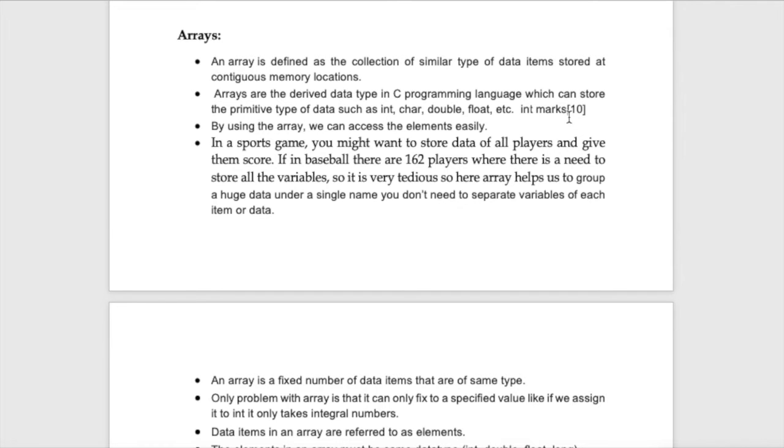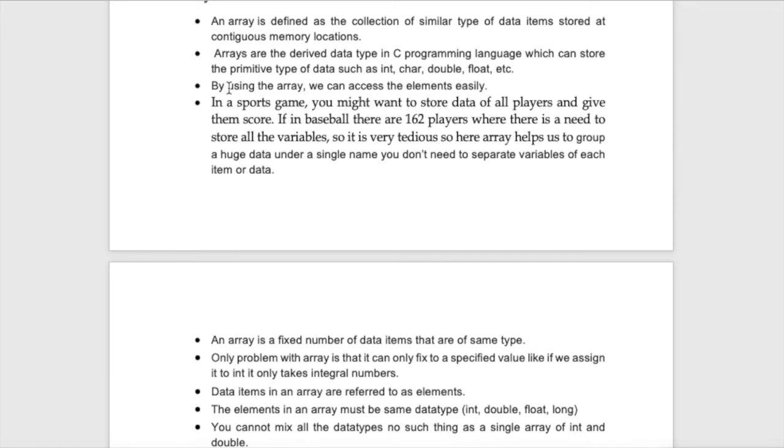This int is storing the marks, which is an array, and the size is kept in the brackets. There are two types of arrays which we will be discussing after scrolling down. By using the array we can access the elements easily, because we have given it a name, so it can be accessed easily.